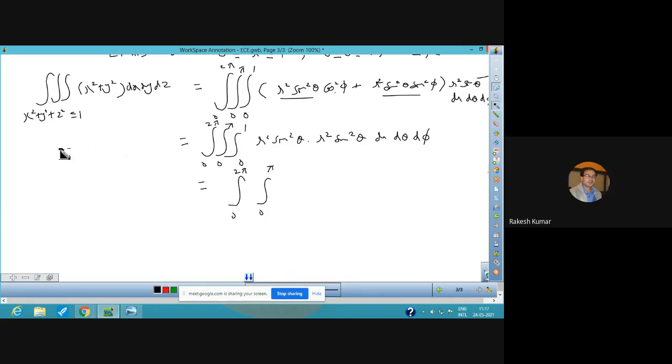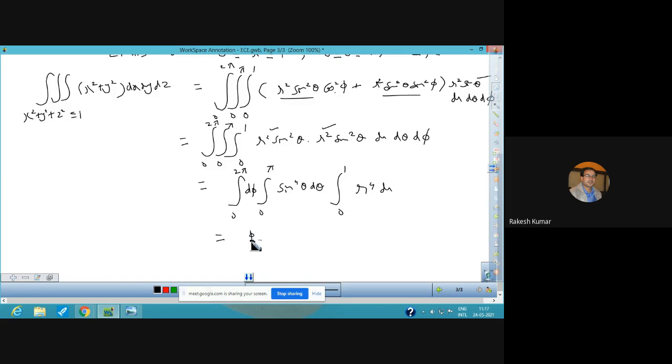Now you see, these are the limits of phi, 0 to 2 pi. So here you have d phi, and these are the limits of theta. So you will have sine cube theta d theta, and 0 to 1 are the limits of r. So r raised to power 4 dr. So now you can integrate it.